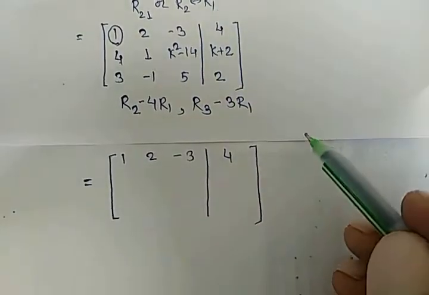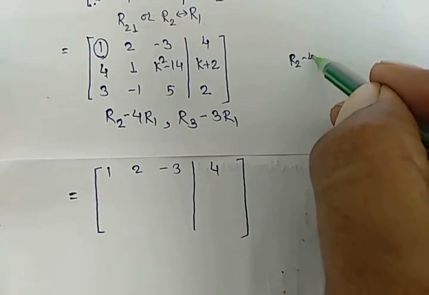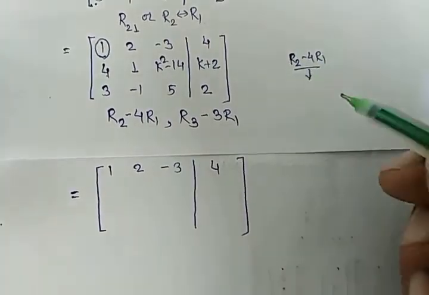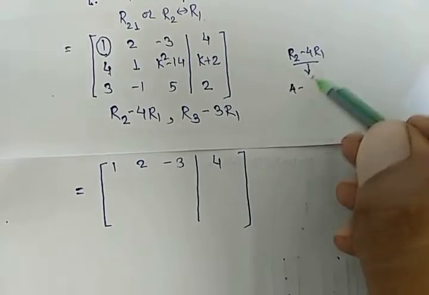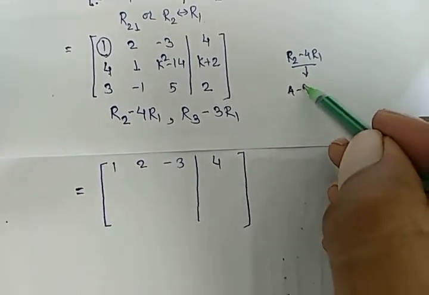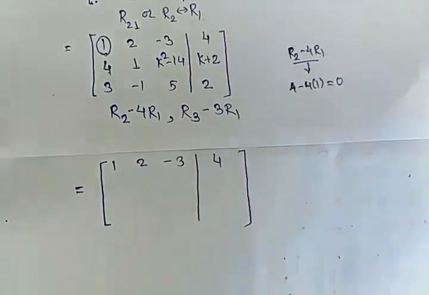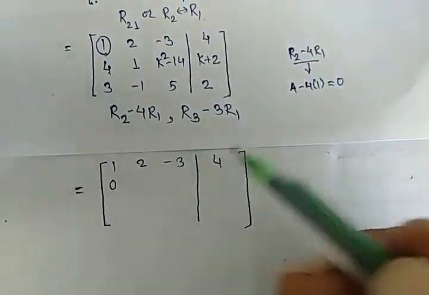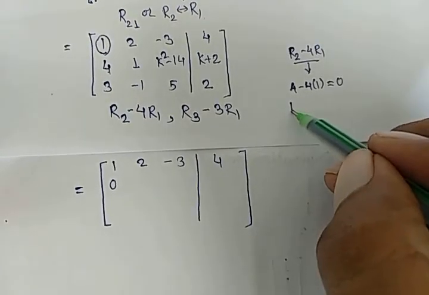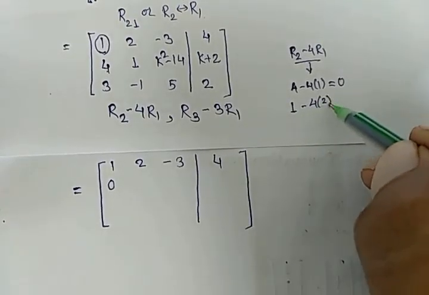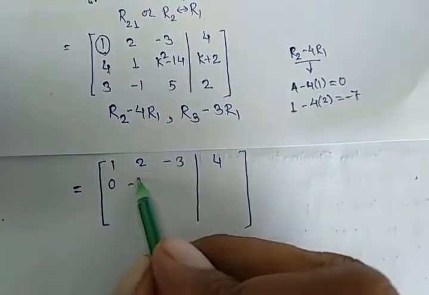For R2 minus 4R1, first R2 is 4 and R1 is 1, so 4 minus 4 into 1, which is 0. So its first value is 0. Next, it is 1 minus 4 into 2, which is 1 minus 8, which is minus 7.